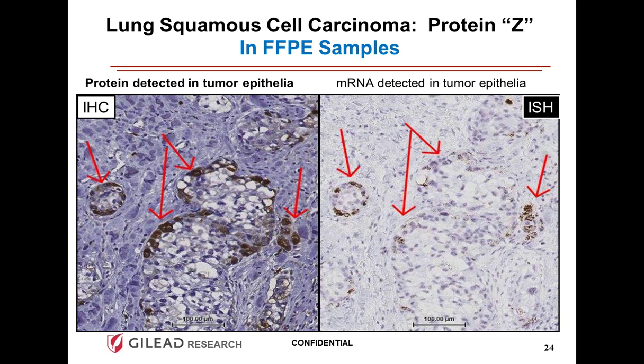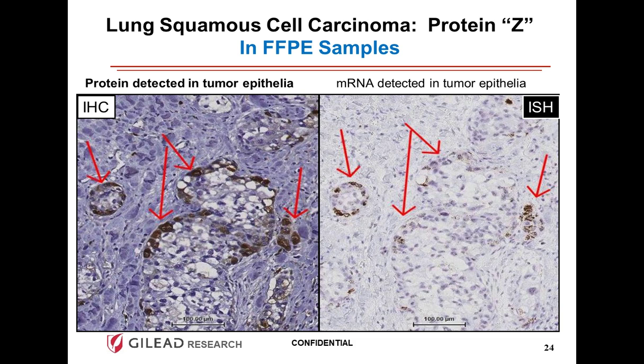So we saw big reservoirs in macrophages, neutrophils. We never detected it in tumor epithelia until we stained lung squamous cell carcinoma, which is the example I have here. We saw this very strong staining in the tumor cell epithelia, and we thought, we need to confirm this IHC because up until this point, we've only seen it in immune-related cells.